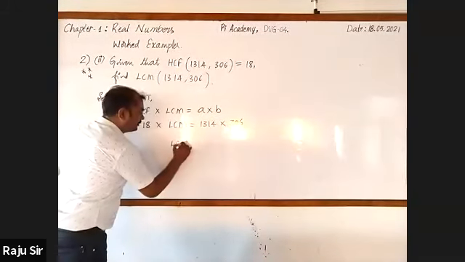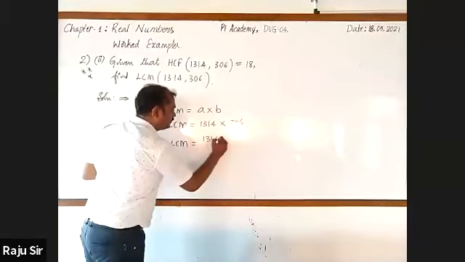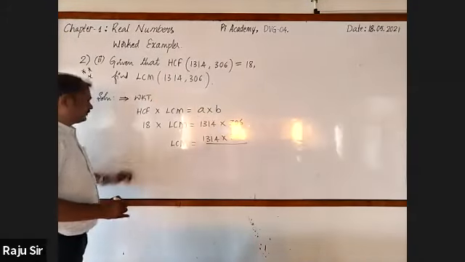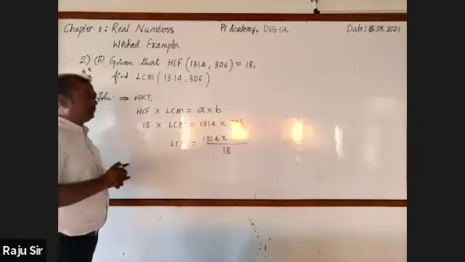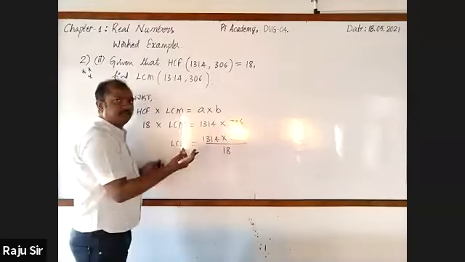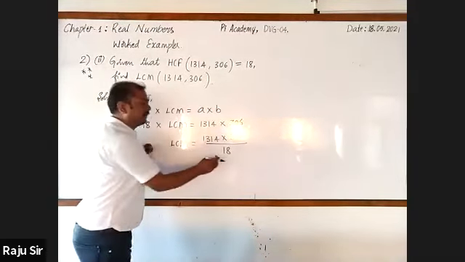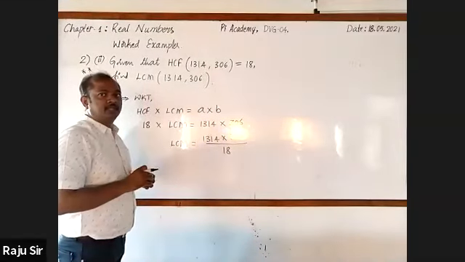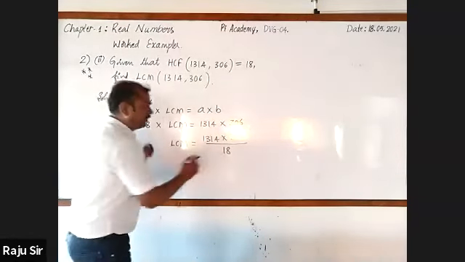Find the LCM. LCM is equal to 1314 into 306 divided by 18. As it is an even number, you can cancel it by 2, or else 18 is a multiple of 3, 306 is also a multiple of 3. Not only that, even 9 also. However you want, you can follow.